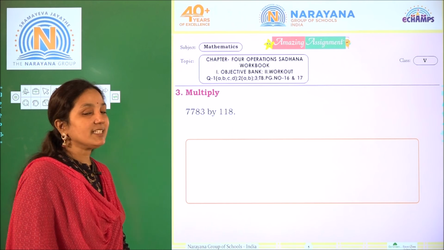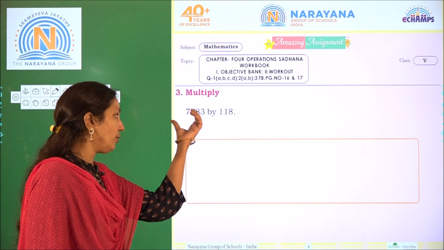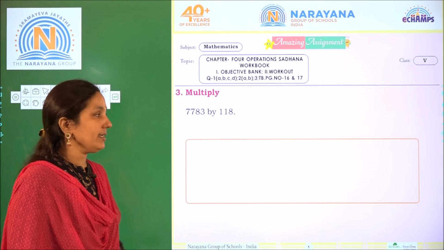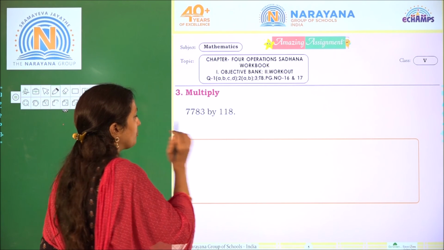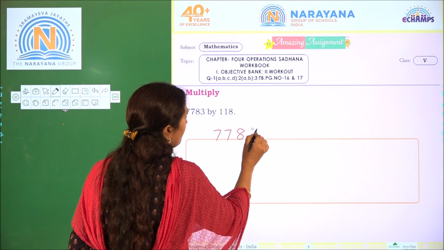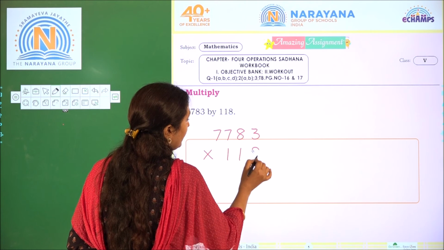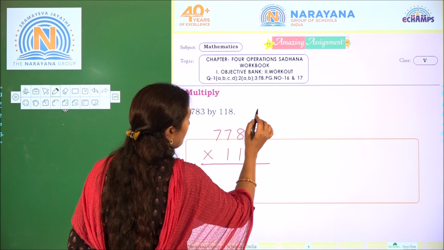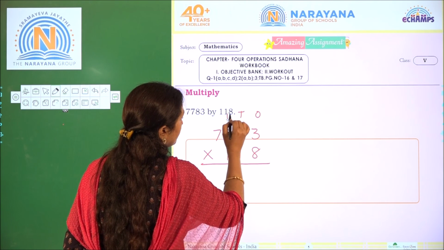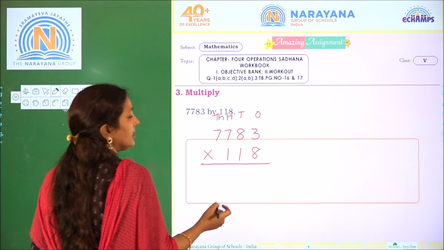Multiply 7,783 by 180. So here 4-digit number by 3-digit number is given. So first write 7,783 into 180. We have to multiply. Now first multiply ones place.